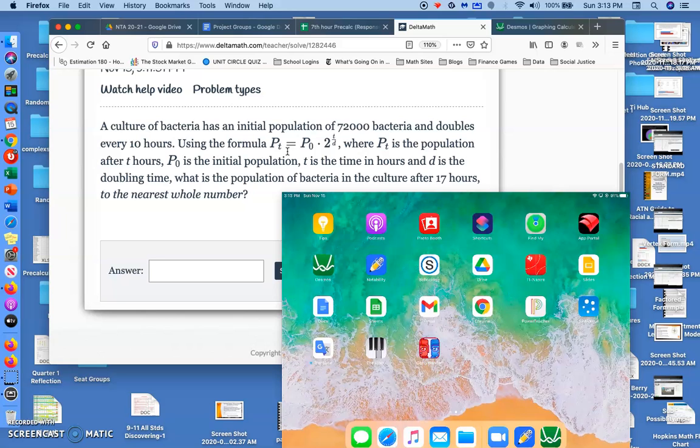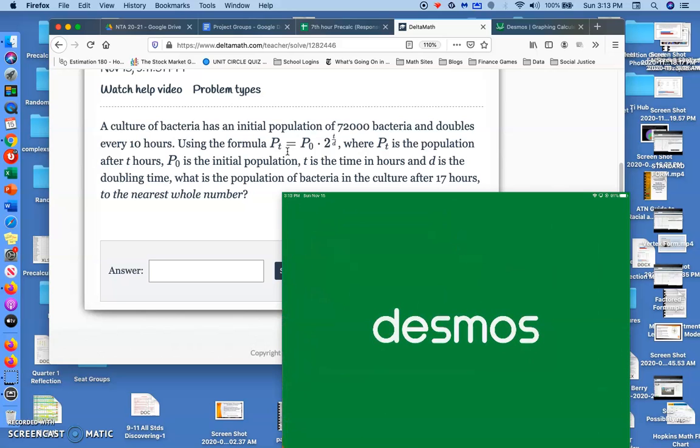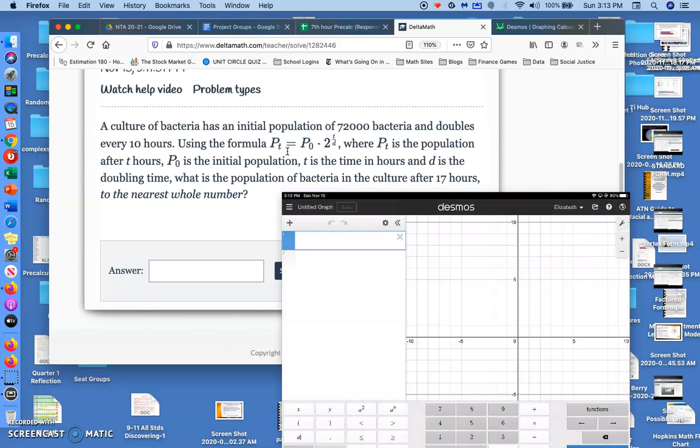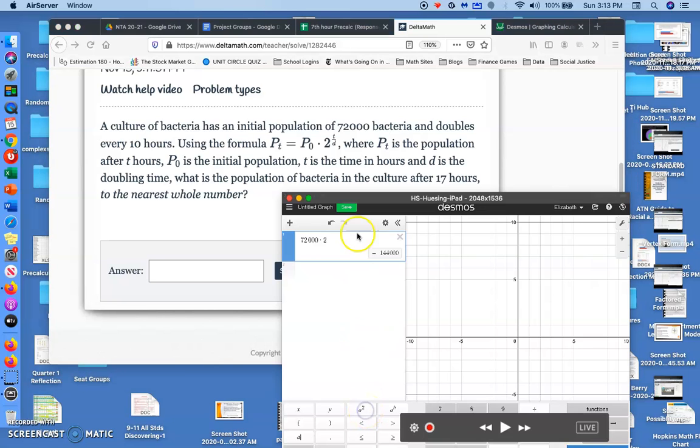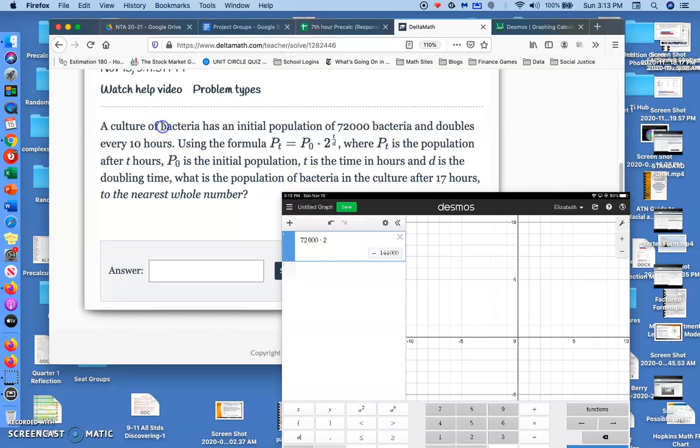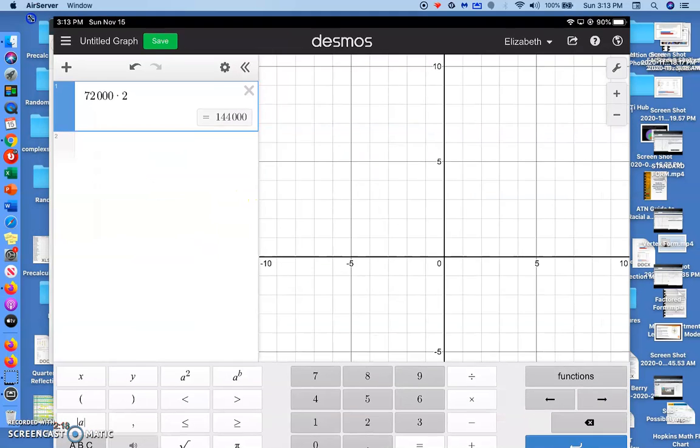When you go to Desmos, just a couple of reminders. We have 72,000 times 2. Your power key is that a squared. I have to make this a little bigger. I can't tell if it's going into the power or not.